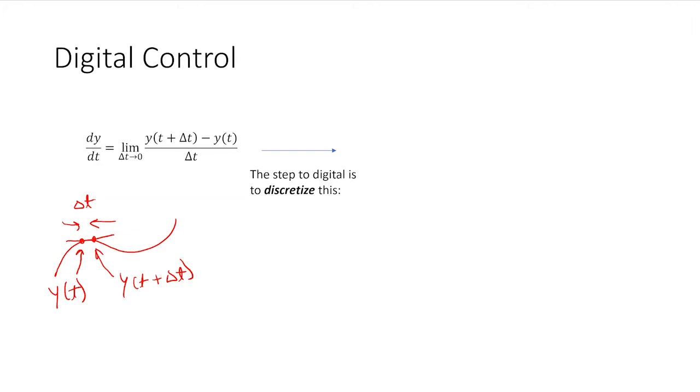Now, from a practical perspective, if I had y of t like this and I wanted to put y of t in a computer, how small can delta t be? As small as the computer can handle, yes, that's a good answer.